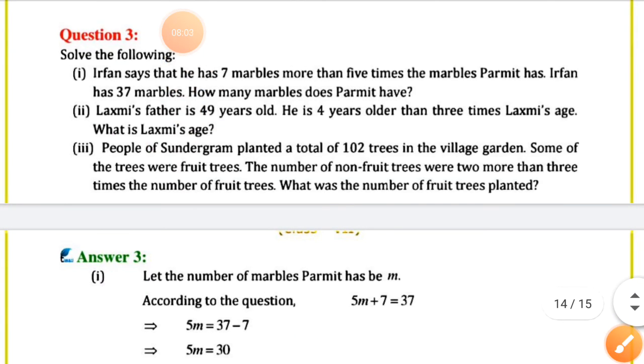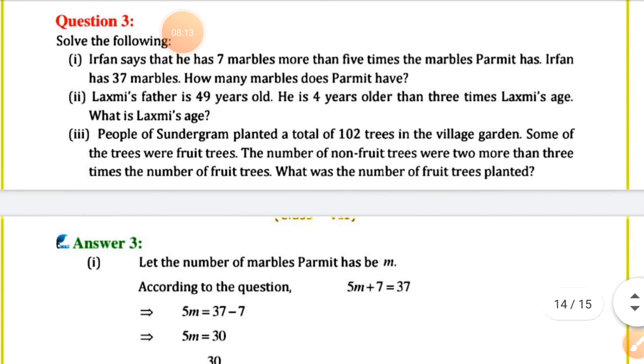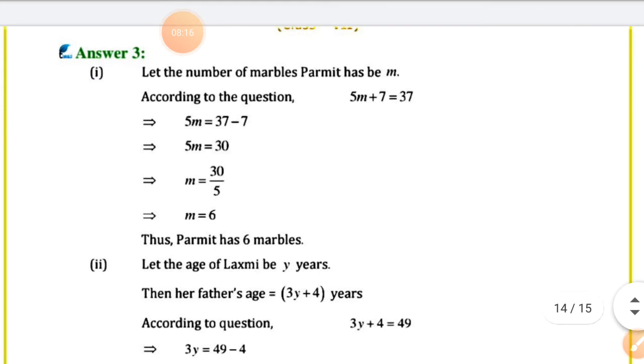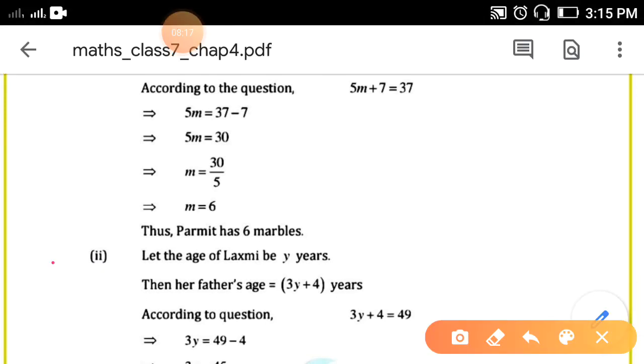Second one, Lakshmi's father is 49 years old. He is 4 years older than 3 times Lakshmi's age. What is Lakshmi's age? So let the age of Lakshmi be y years. And what is her father's age? 4 more than 3 times Lakshmi's age.